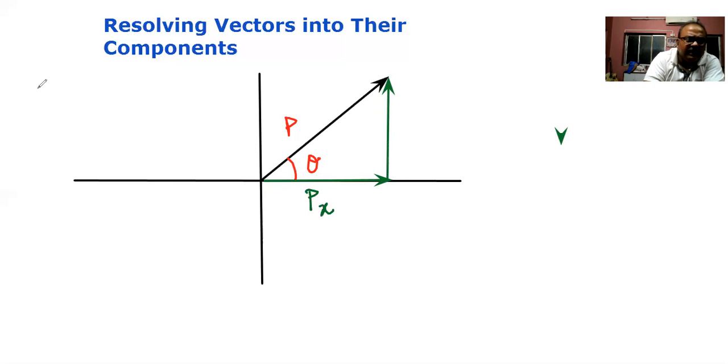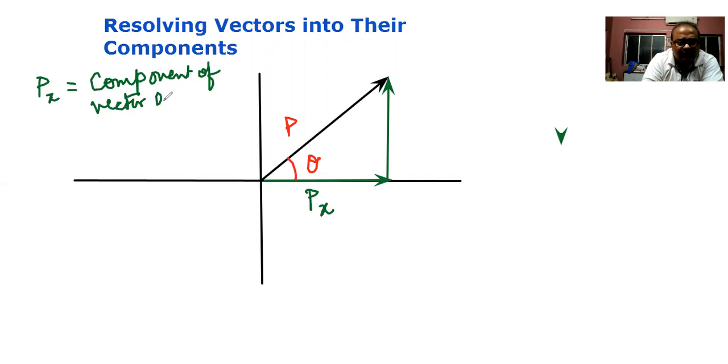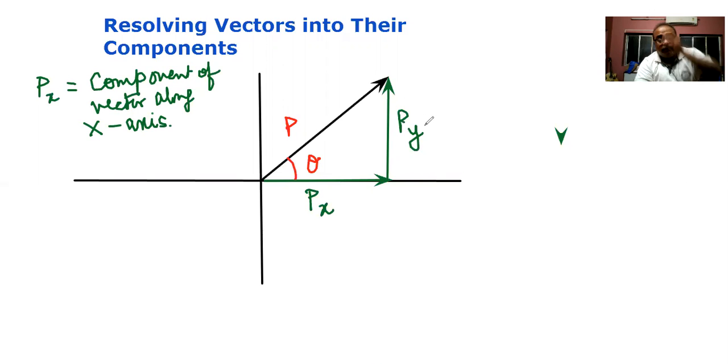That means px can be said to be the component of the vector along x-axis. So this is the component of the vector along x-axis. So this is py. Py is the component of the vector along y-axis.